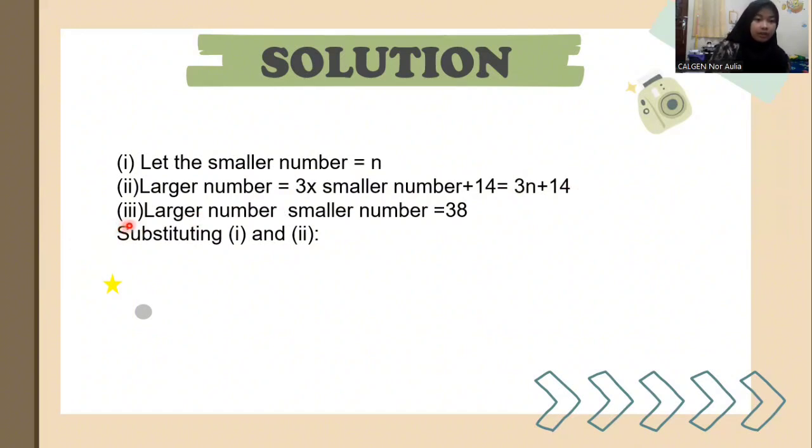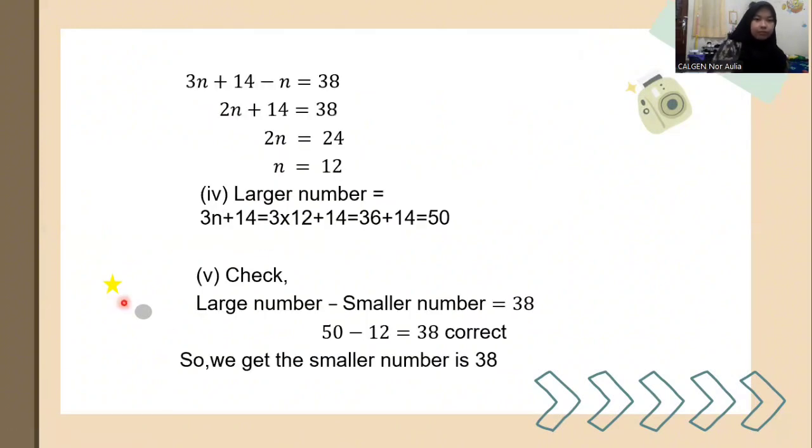And step 3, large number minus smaller number equals 38. So substitution, the first one into the second. The operation is like this.